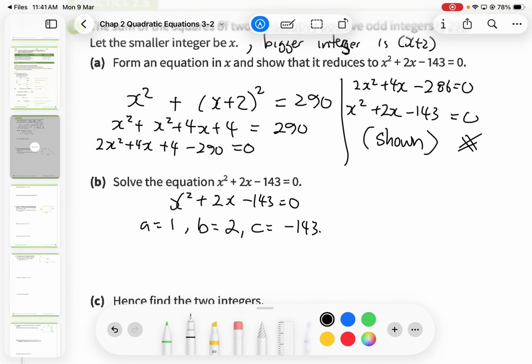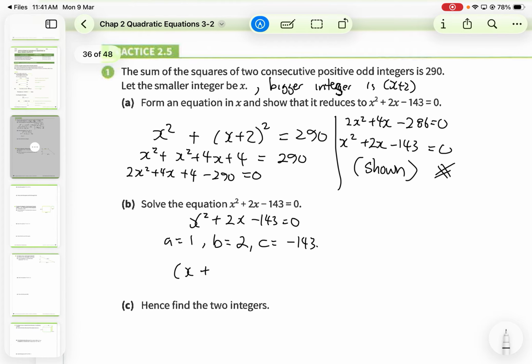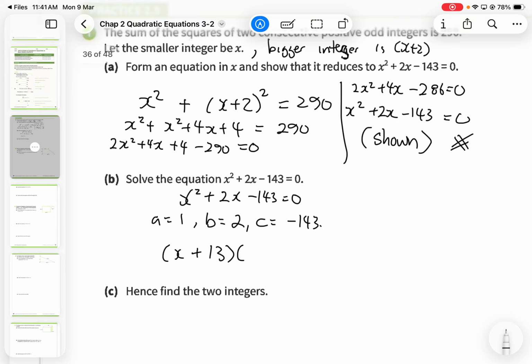You can go through this, but I think if I do factorization, I will have x plus 13, x minus 11. I see this 143, then I think I factorize faster. Otherwise, you can also solve using your quadratic formula.